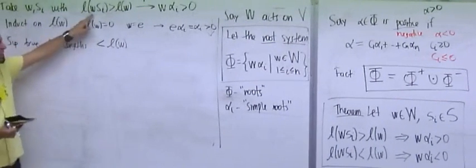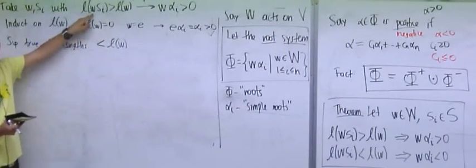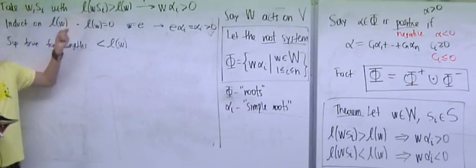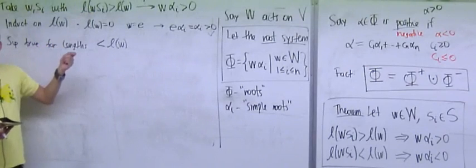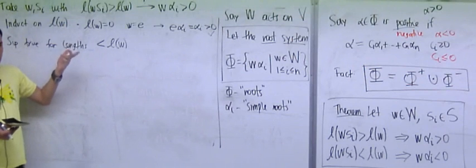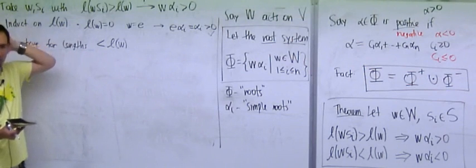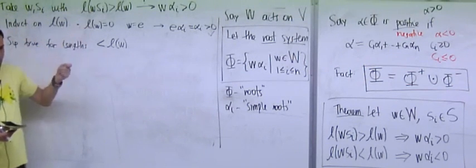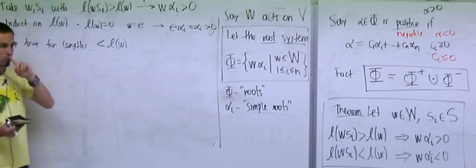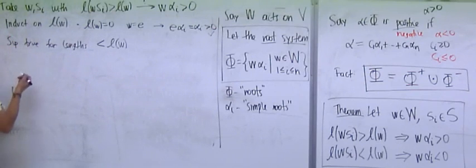We need to prove a statement for W, and what we want to do is reduce it to a lower length. Now, how do I reduce to a lower length? In a controlled way, what I always do every time is just multiply by a generator that makes me shorter. Okay? And so that's what I'm going to do.